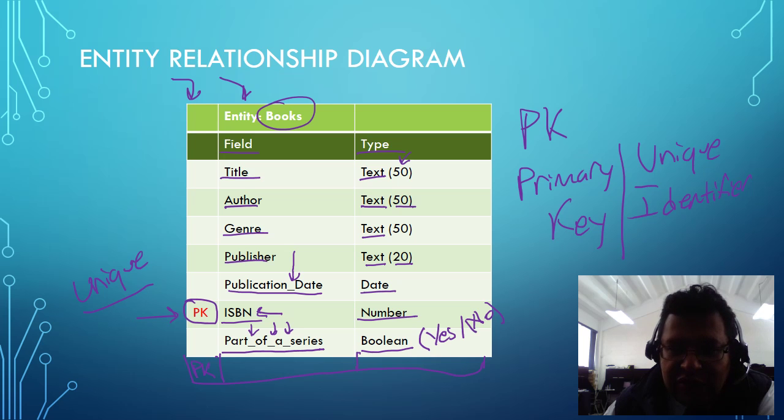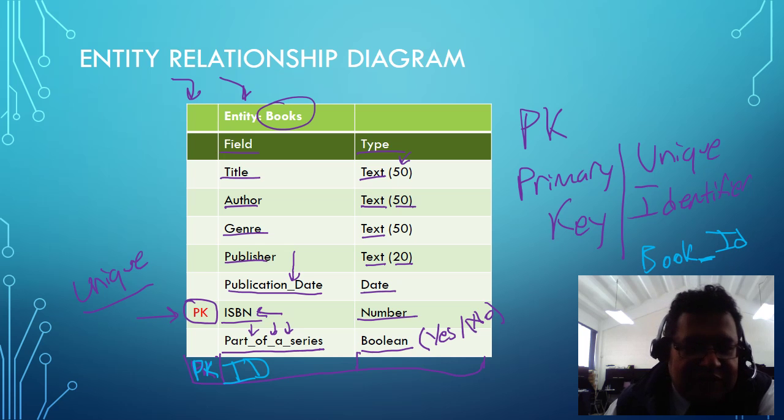Let me do that with something a little bit more visible. I'm going to have to create my primary key, and that's going to be an ID. All right, or I can name it anything I want, but for example, I can make it book underscore ID, for instance, so that I know that it's the ID field, the primary key of the book entity, book ID. Like I said, since the ISBN is already a unique number, I can make that my primary key. All right.